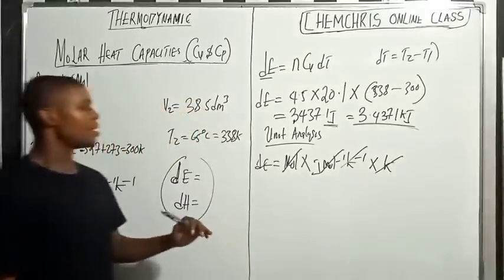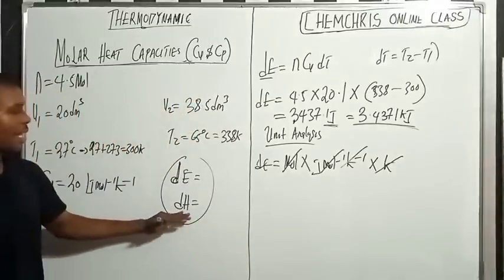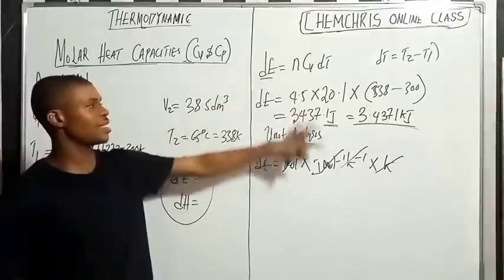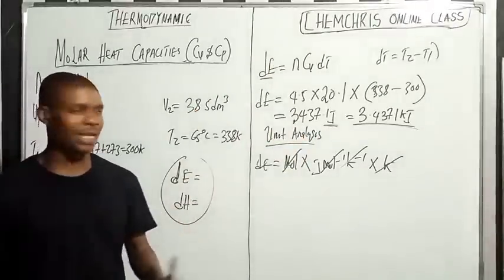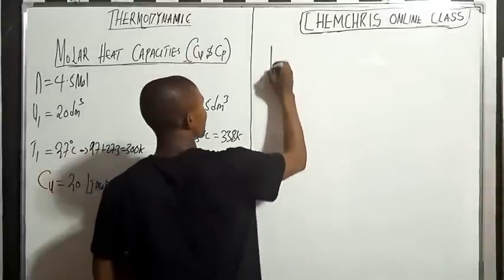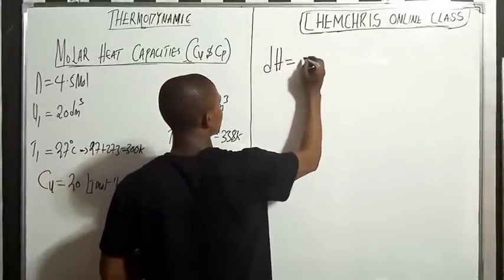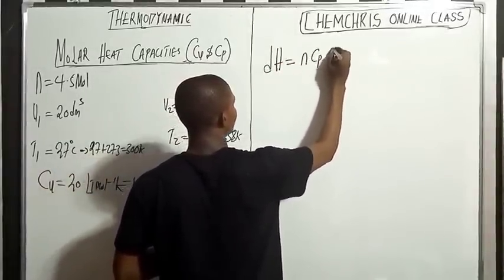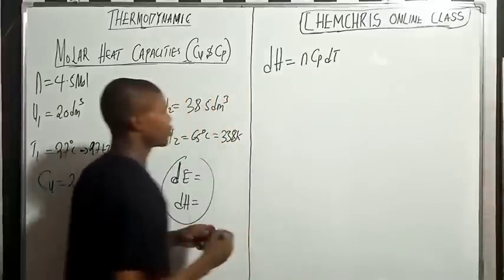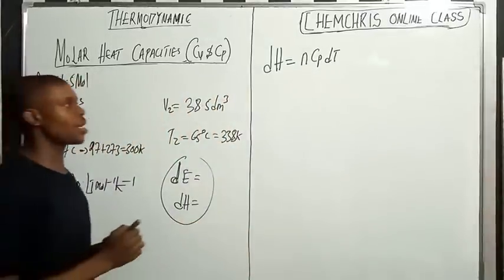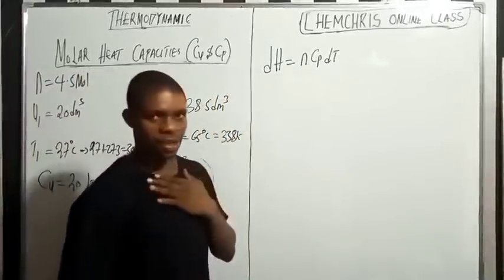Now let's calculate the enthalpy. This one was for the internal energy, so let's calculate for the enthalpy. Change in H is equal to n Cp change in temperature. But the problem here is that we are not given Cp, right?